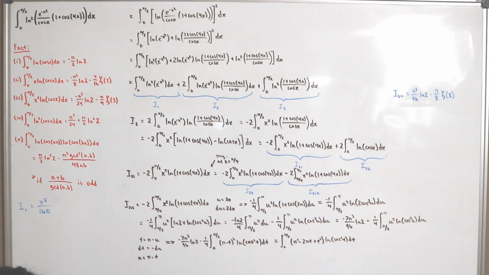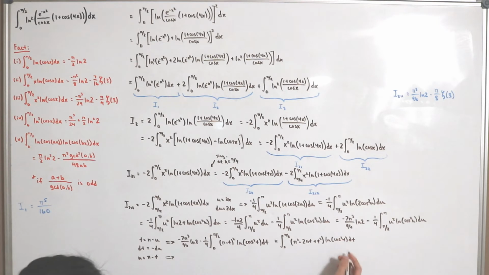Now what I can do is use natural log rules. The exponent can be moved to the front of the natural log, and I can distribute that outside the integral. Not only that, we're also going to distribute each of these terms into our natural logs, and we can use linearity to split into 3 different integrals.